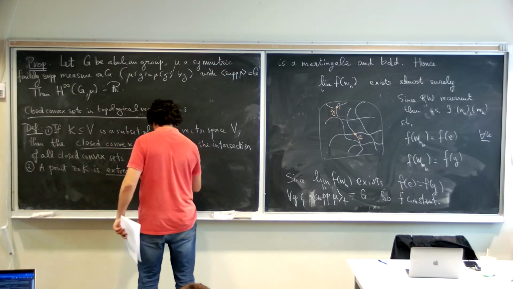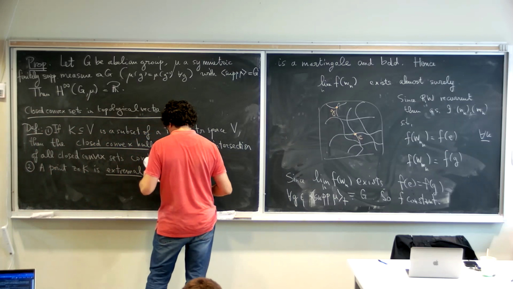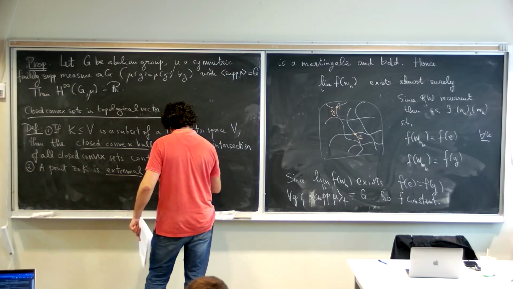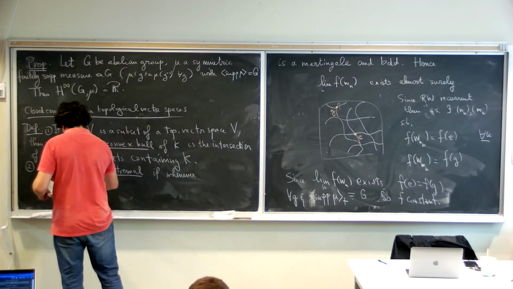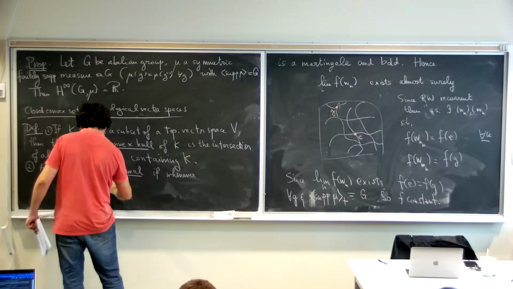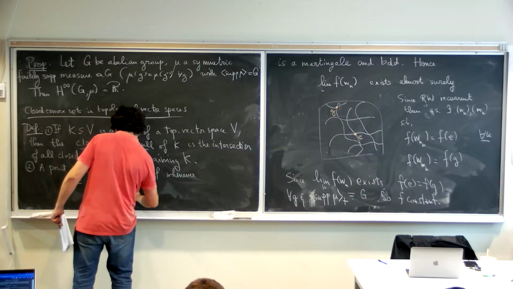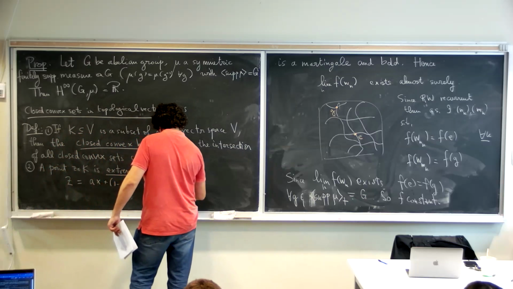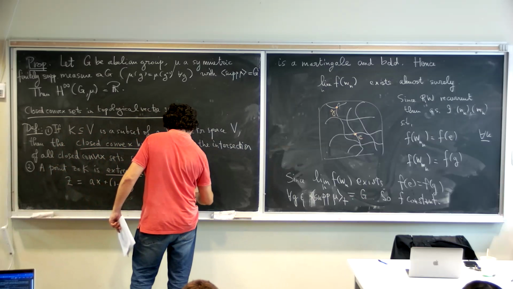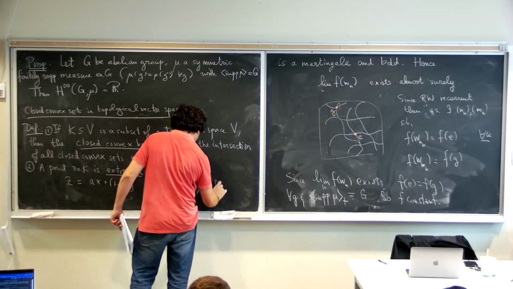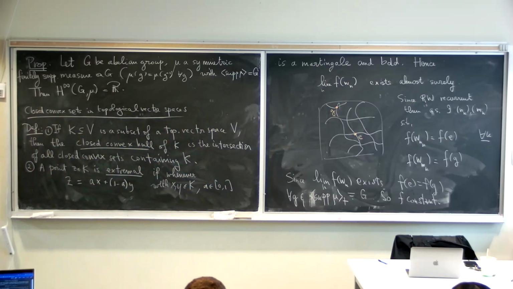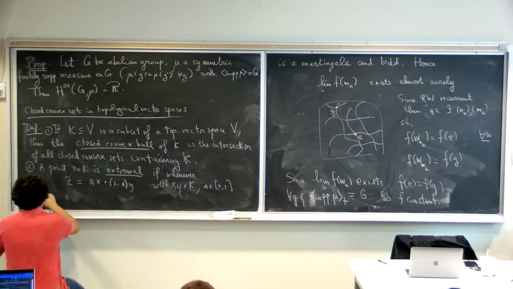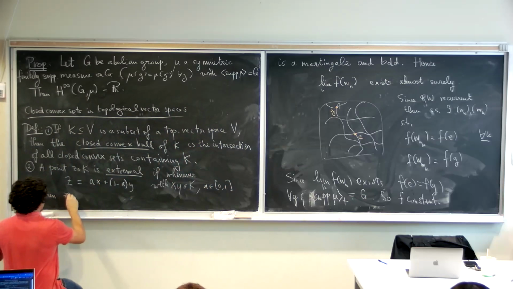That is, whenever z can be written as alpha x plus 1 minus alpha y with x, y in K and alpha in 0, 1, then either z equals x or z equals y.